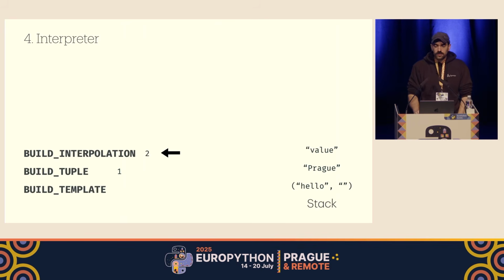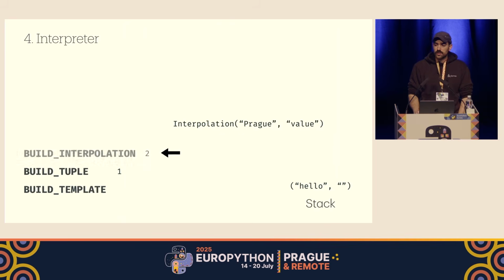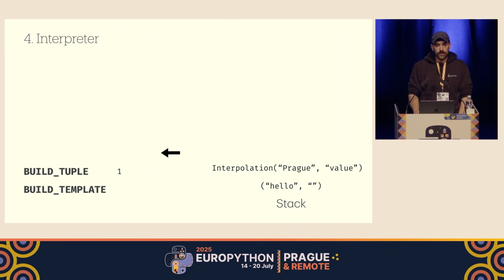It then builds an interpolation, and what that instruction does is basically creating an interpolation type and packing into that type those 2 topmost parts of the stack. That's why the 2 there, that's the argument to the build interpolation instruction, which says take the 2 topmost elements from the stack, pack them into a type, and then what the VM does is push that interpolation object back onto the stack.